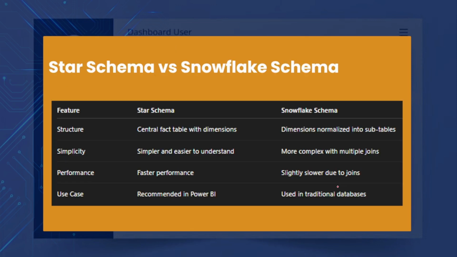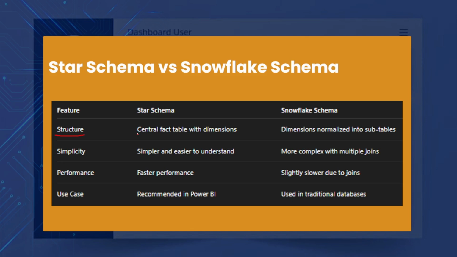Now I want to talk about the two types of model schemas that we have basically. So there are two ways that we could design schemas. We're going to look at them by their features: star schema and then snowflake schema. So let's start with the structure. The first structure, the star schema, is a central fact table with dimensions.